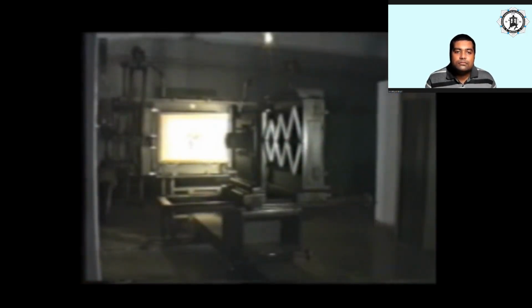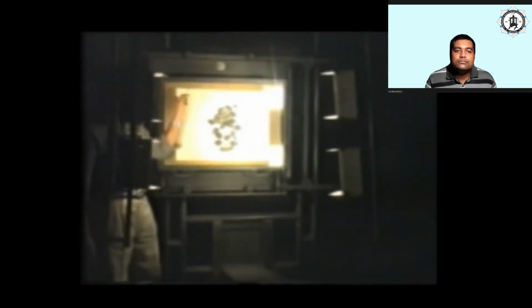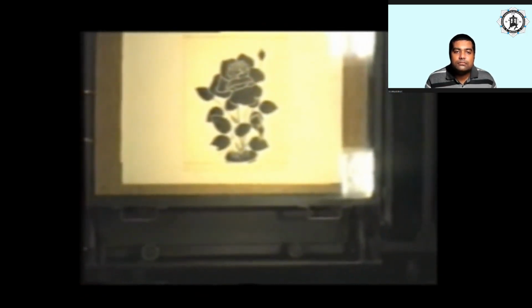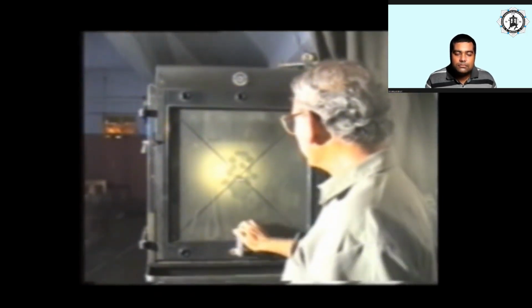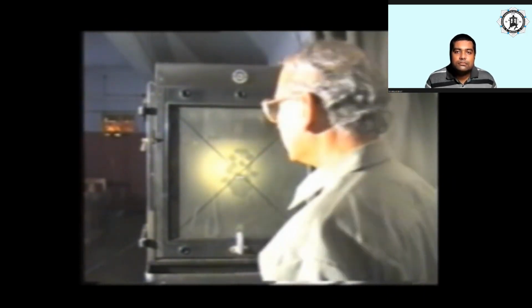Let us study this camera. This is the copyboard where the original artwork is set. These are the lights for illumination, the lens, and the viewfinder for adjusting focus and position of the object.